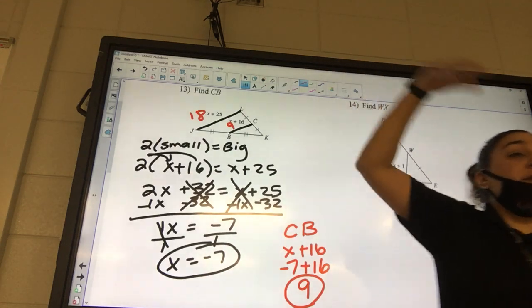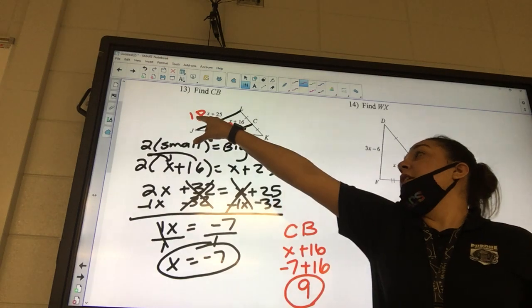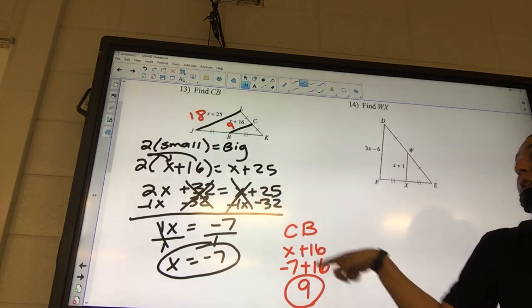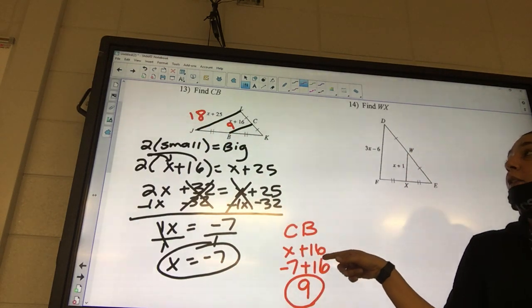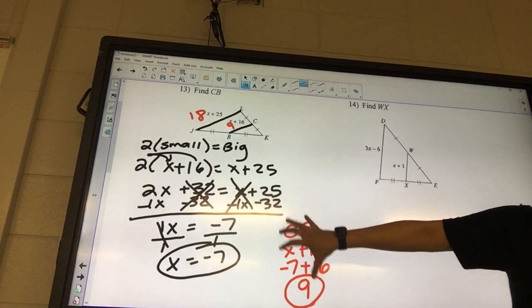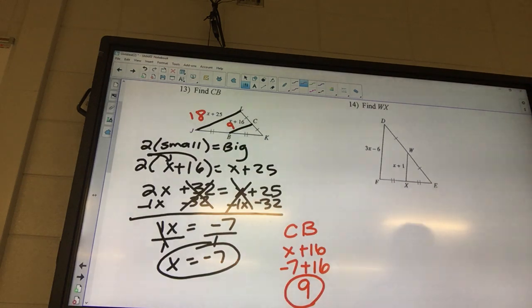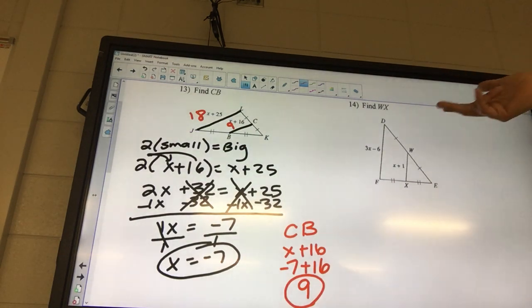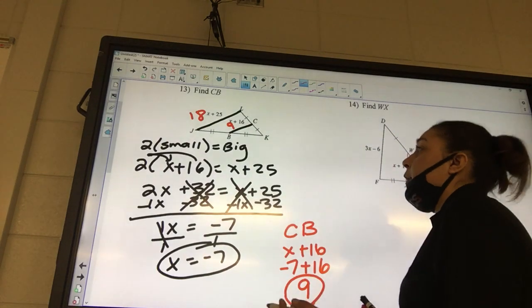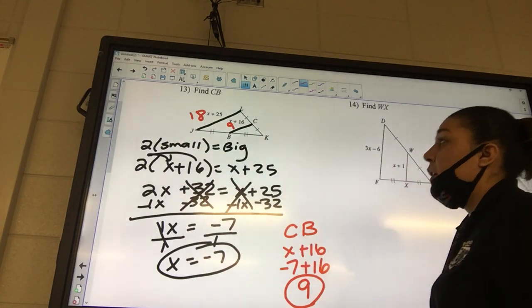I don't really care about that. I care about what numbers you eventually end up with. If you plug it into the wrong one, that's okay if you still have both of the numbers up there. So that's up to you. If you don't want to write both of them, you definitely don't have to.